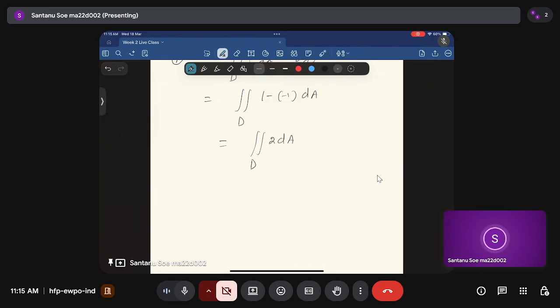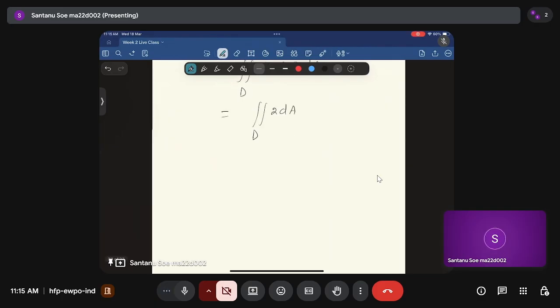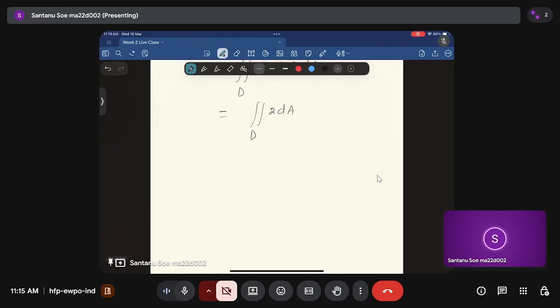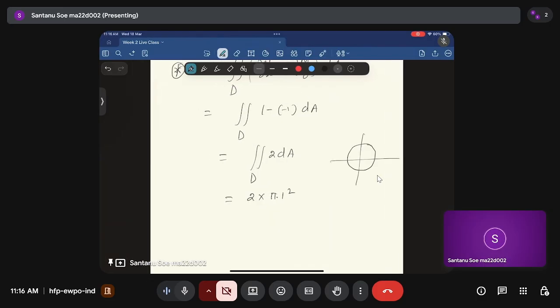Since the region D is the inside of the unit circle, we can put the area of the unit circle as 2 into pi into 1 square.